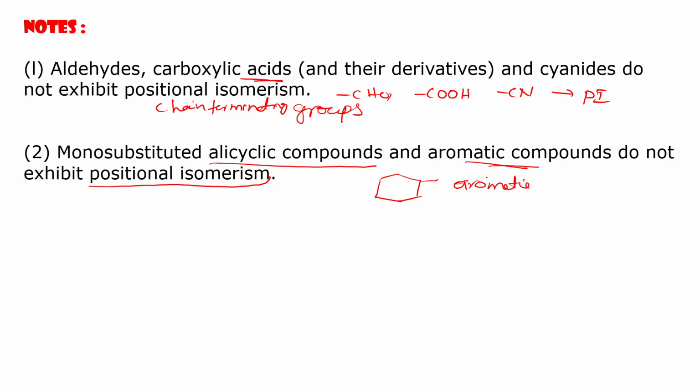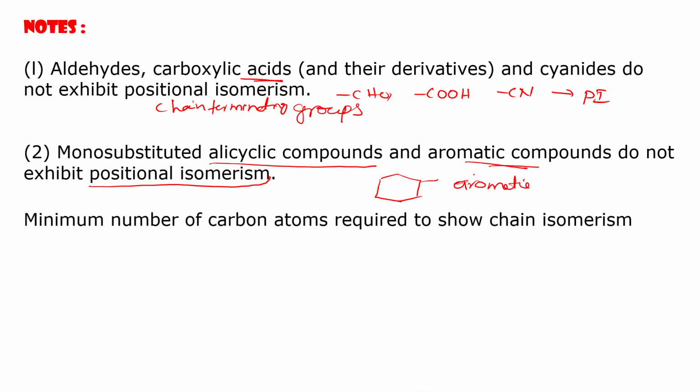You should keep in mind: the aldehydes, carboxylic acids, cyanides are chain terminating, so they do not exhibit position isomers. Monosubstituted alicyclic compounds and aromatic compounds also do not exhibit position isomers.